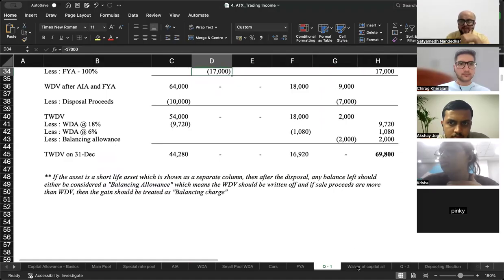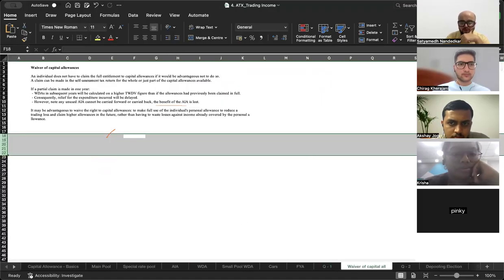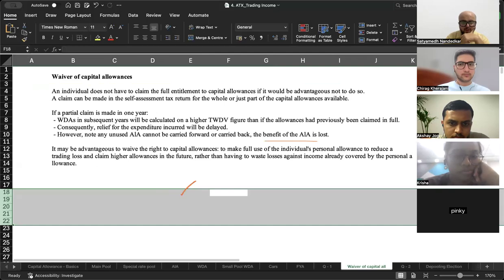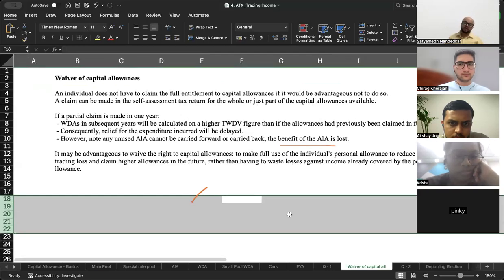Businesses have the option to waive off capital allowances. What the companies might do is, in the current year they are already encountering a loss. If they claim the capital allowances, the loss will be even more.